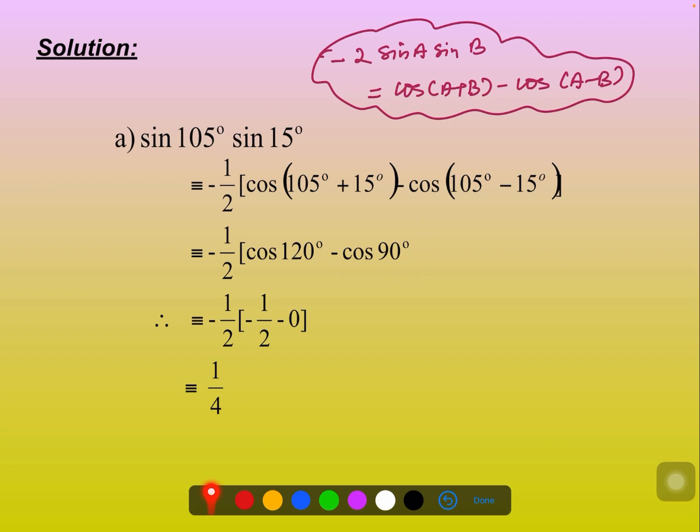Equals minus half cos 120 is equivalent to cos 60, but 120 is in the second quadrant and cos in the second quadrant is minus, and cos 60 is half and cos 90 is 0. So altogether we'll have 1/4.